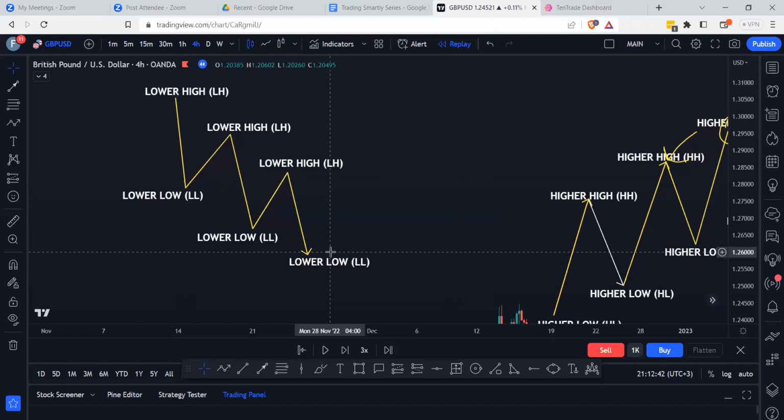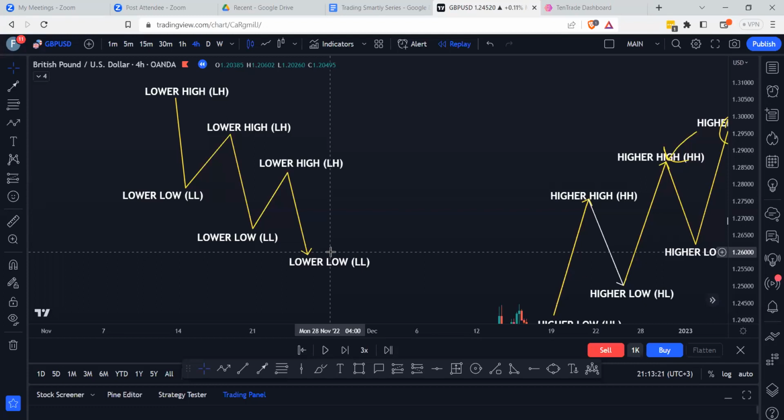So in a downtrend, you are looking for opportunity to sell that particular currency or commodity, that particular instrument. So what do we do in a downtrend? We sell in a downtrend. Okay, we sell in a downtrend and we buy in an uptrend. It's as simple as that. Okay, I'll take it again. We sell in a downtrend and then we buy in an uptrend.